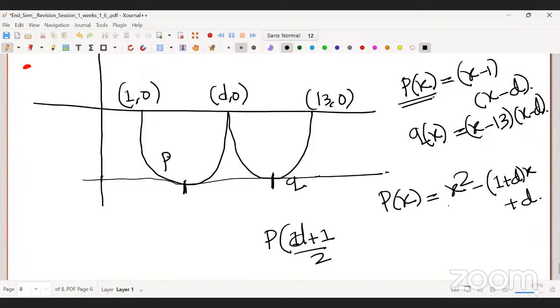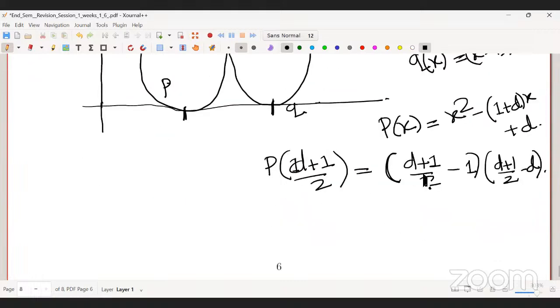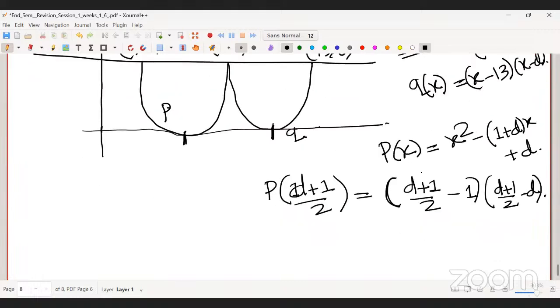If you compute it, this is the y coordinate of P of x.